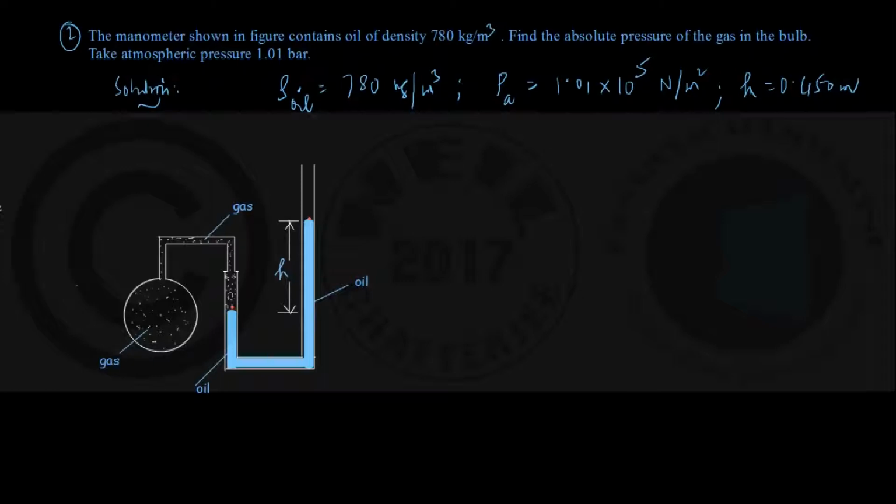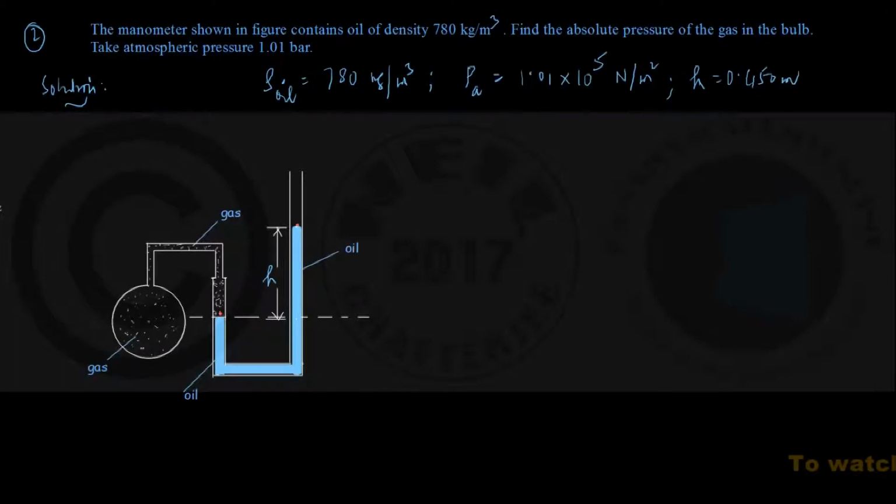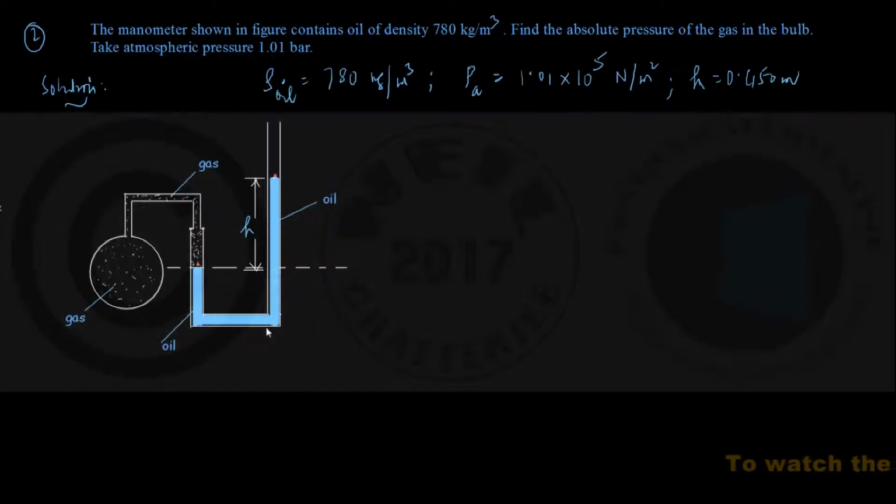So first of all, we just draw a horizontal line to the point at the separating surface between the gas and the liquid. So let me mark a few points on my figure.